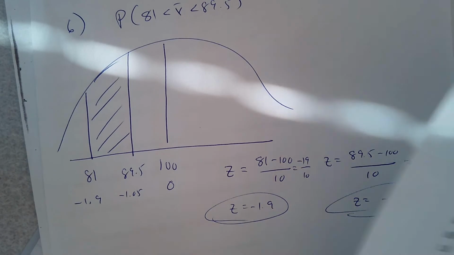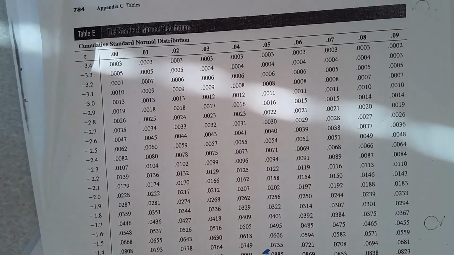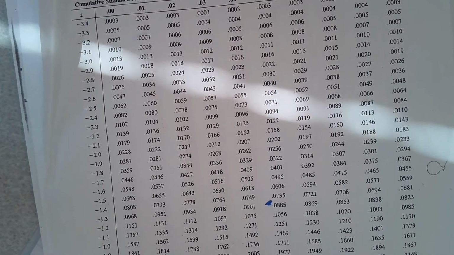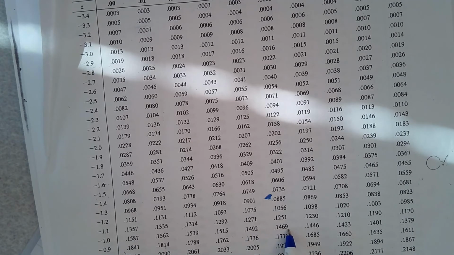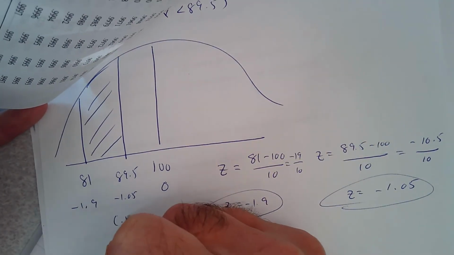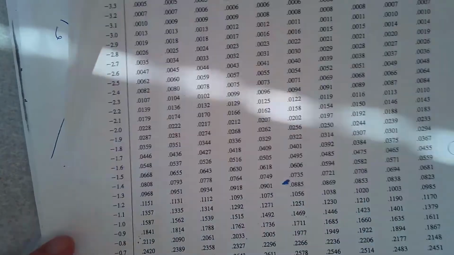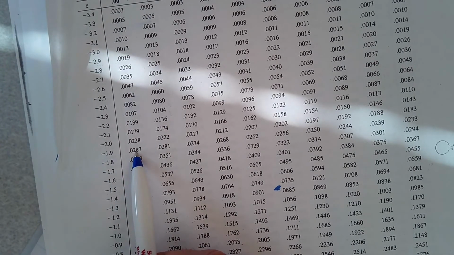So I'm going to look up negative 1.05 first. So I'm going to go on the negative side, negative 1.0, and then go over to 05. It's 0.1469. And I'm going to look up negative 1.9, and that's going to be 0.0287.